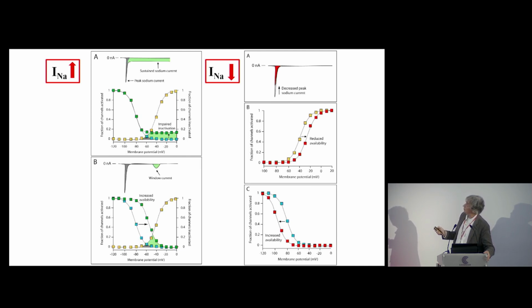So now there is a decrease of the peak current, which is responsible for conduction, and that decrease in peak current is brought about by differences in kinetics of the channel. So if you have reduced availability, if the channel activates later, it will lead ultimately to a reduction in peak current, or when it inactivates earlier, then it will also lead to a decreased peak current.